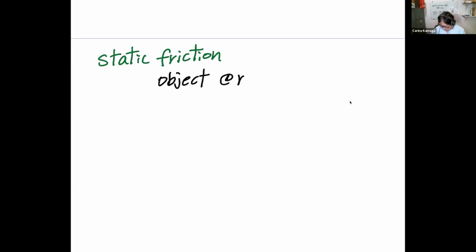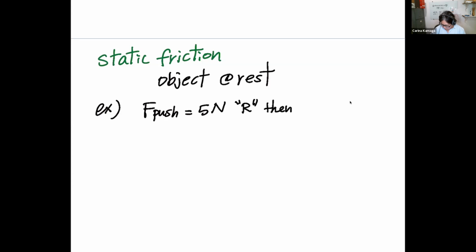For example, if the push force is 5 Newton applied to the right, then the static friction force is 5 Newton applied to the left.